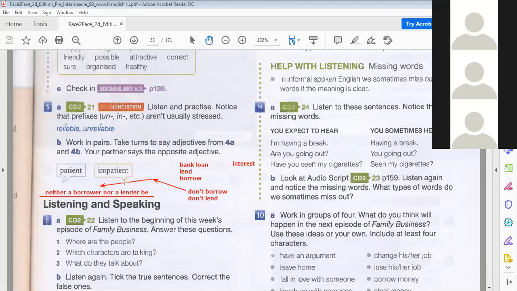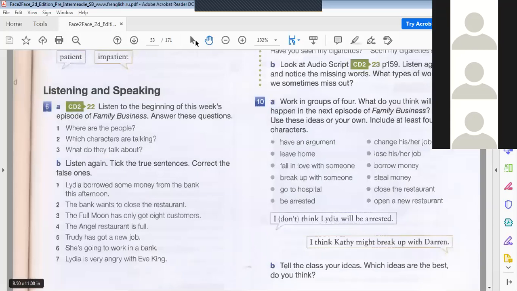Anyways, now let's move to the second part of the question. Here I want to see if you can remember the conversation. Take the true sentences and correct the false ones. Number one: Lydia borrowed some money from the bank this afternoon. Is this true or false? True.